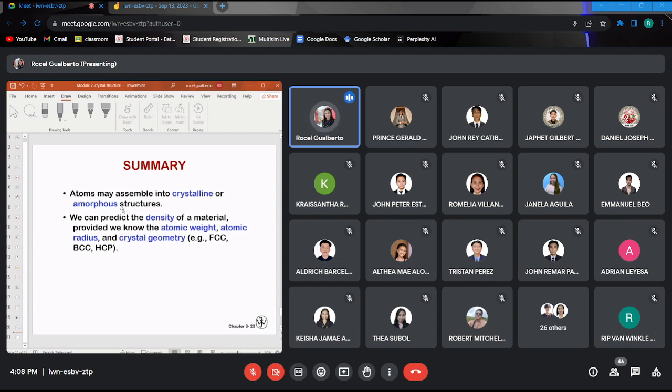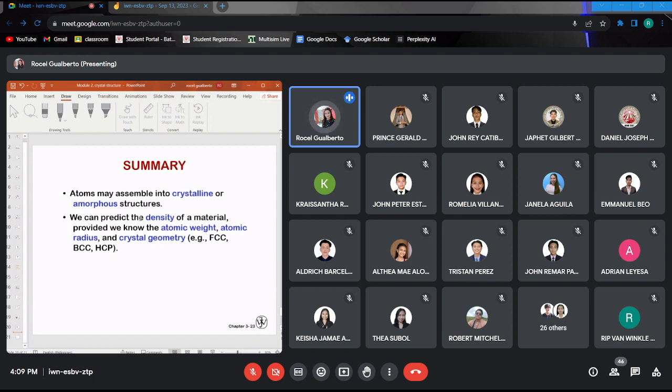Okay? So, yun po yung dalawa. So, this is mostly observed on metals, whereas this one naman po is on the plastics or the polymers. Okay? And then next, we can predict the density of a material provided we know the atomic weight, atomic radius, and crystal geometry. Say, for example, if it is an FCC, BCC, or an HCP. Okay?